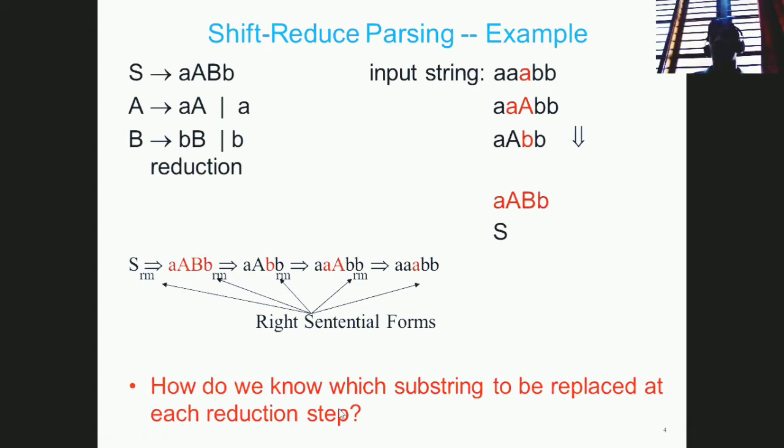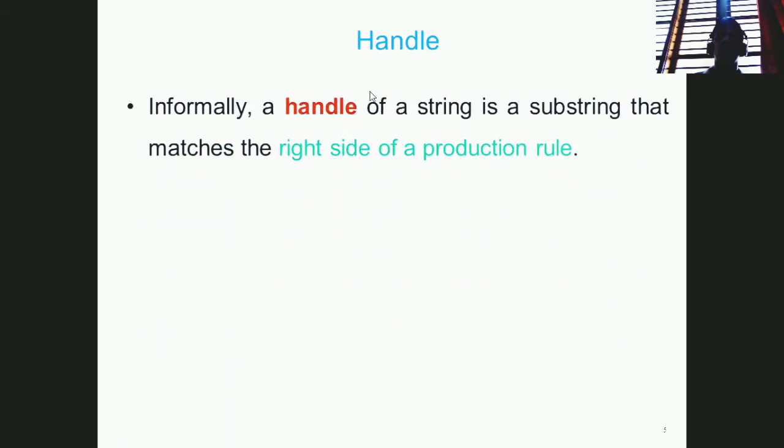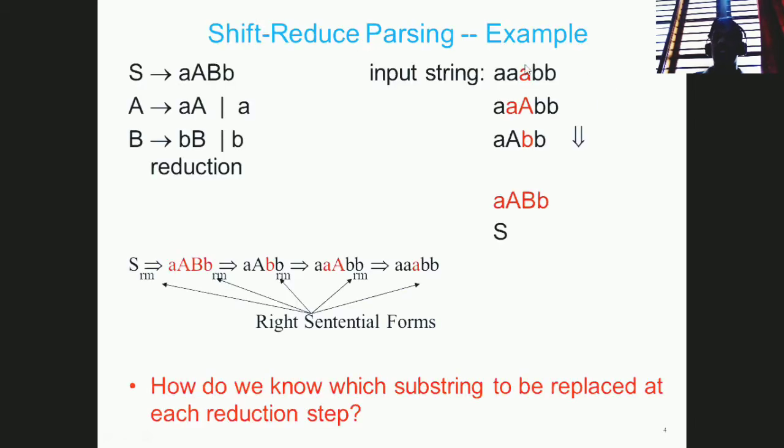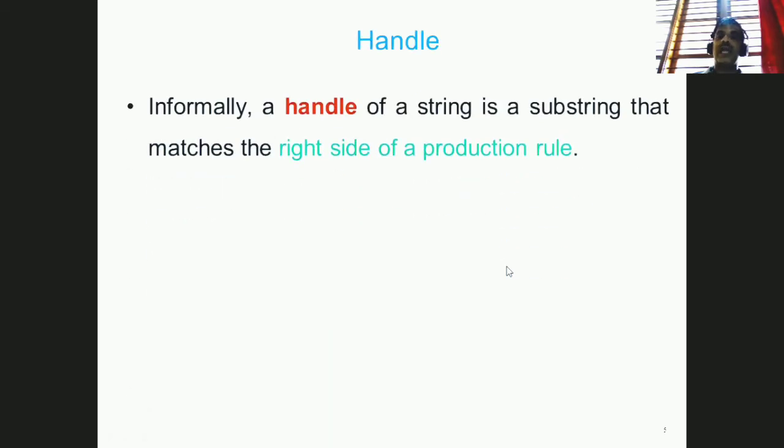How do we come to know which particular substring on the right-hand side should be replaced by the left-hand side? That is why it is called a handle. Informally, a handle of a string is a substring that matches the right side of the production rule. In the previous case, a is a handle, then A becomes a handle, B becomes a handle, then finally a, A, B becomes a handle.